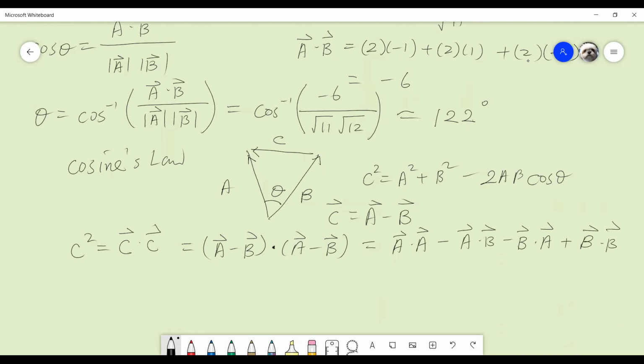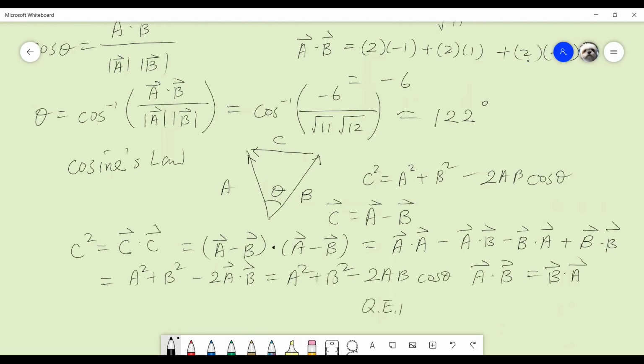So that's nothing more than A squared plus B squared minus 2 A dot B. Remember the dot product is commutative. It doesn't matter the order. So therefore, it's equal to A squared plus B squared minus 2AB cosine theta, right? So therefore, you can write QED.